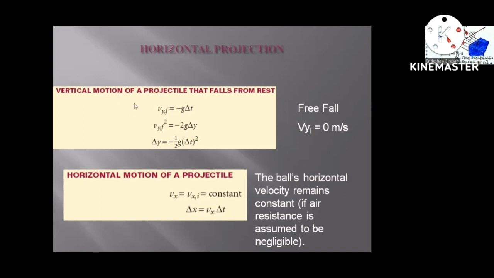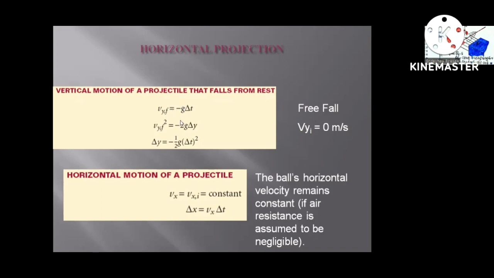Under vertical motion, we must determine the final velocity of the object, the change in y or displacement, and the maximum height. We must find the height of the object that can be generated from the initial position. For the vertical motion of a projectile that falls from rest, the final vertical velocity Vyf is given by minus g times change in t.